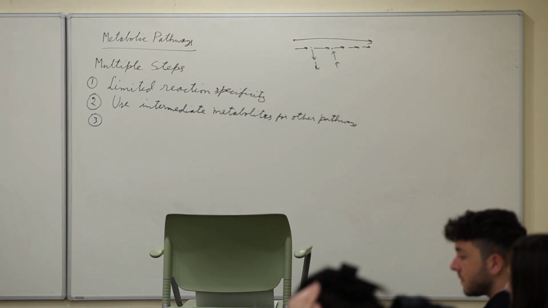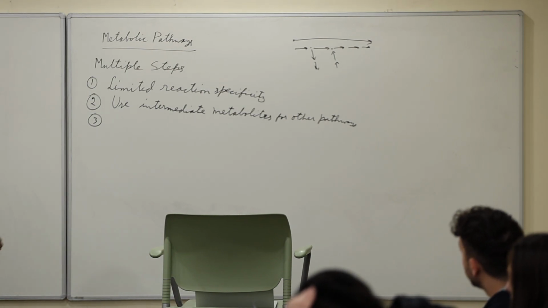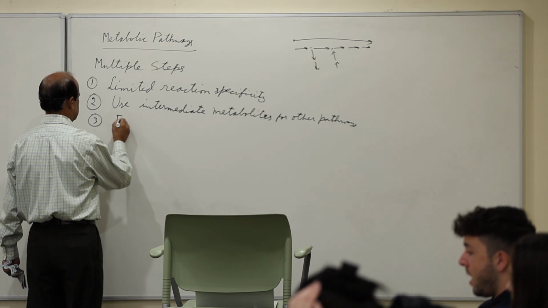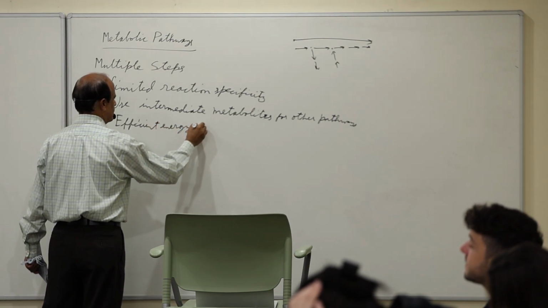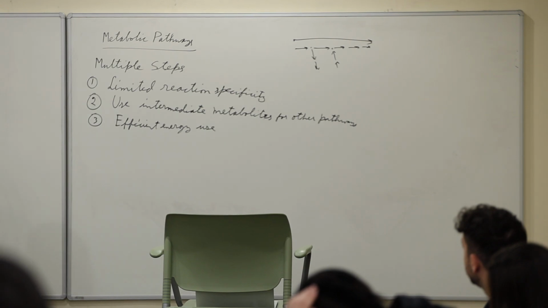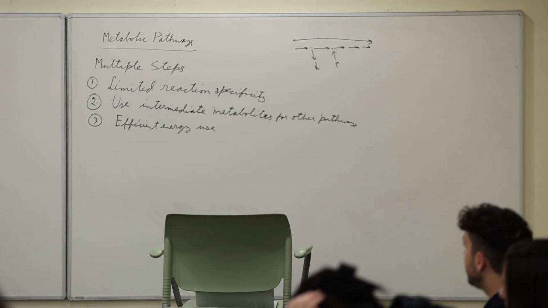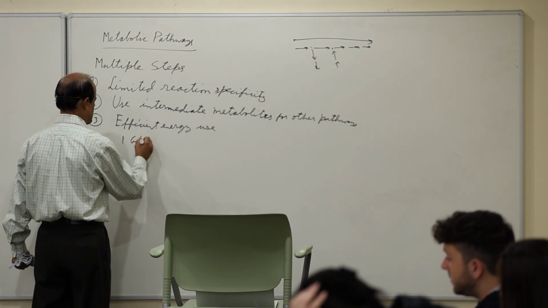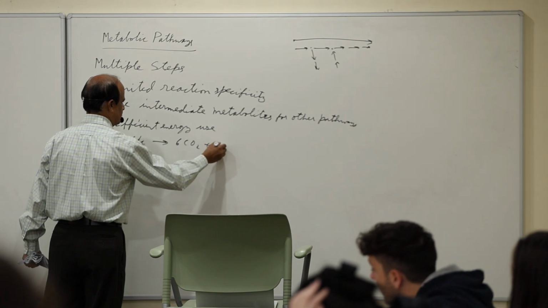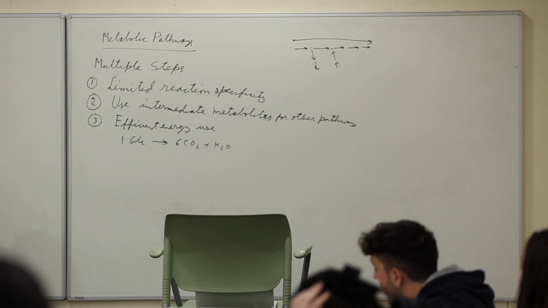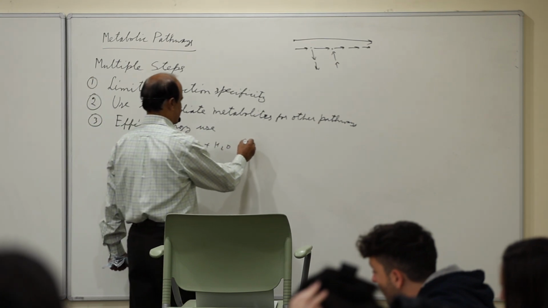The more important reasons are the last 2. One is efficient energy use. Reactions will require energy, some reactions release energy, and the whole idea of burning glucose is to make ATP. When one glucose is burnt to give you 6 molecules of carbon dioxide and water, I'm not balancing it, one glucose will give you 2800 kilojoules of energy.